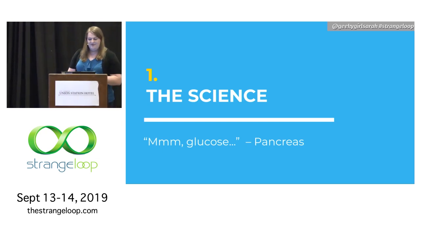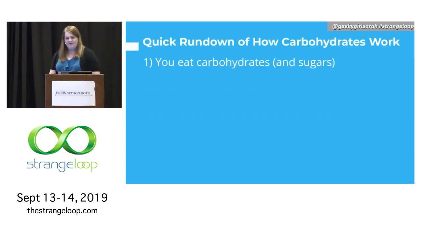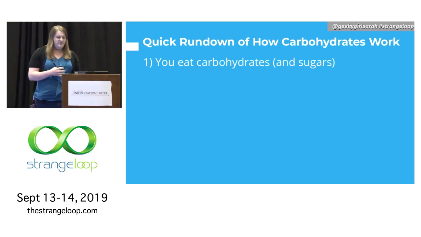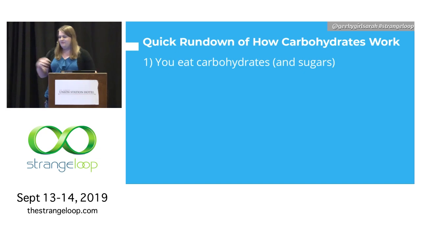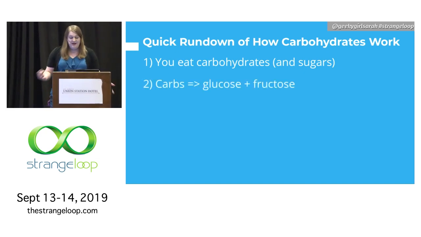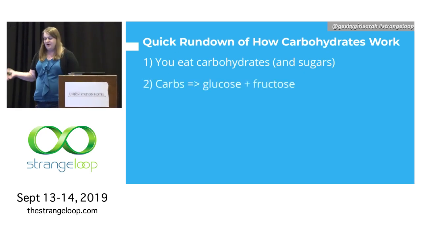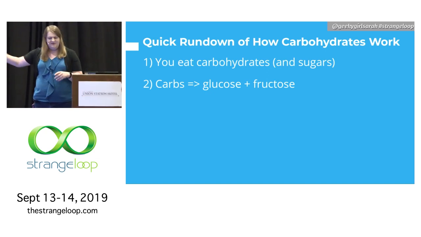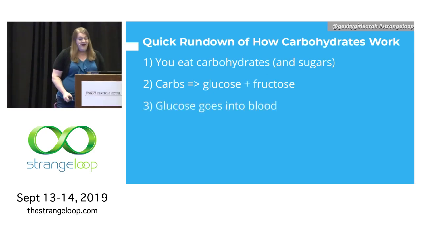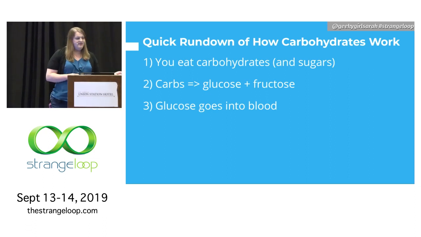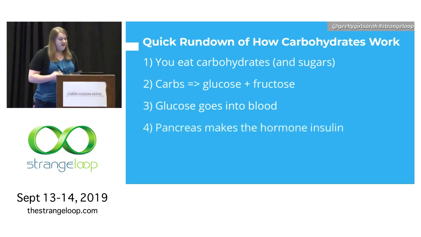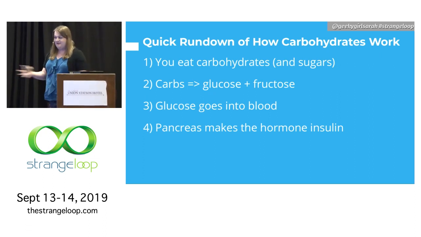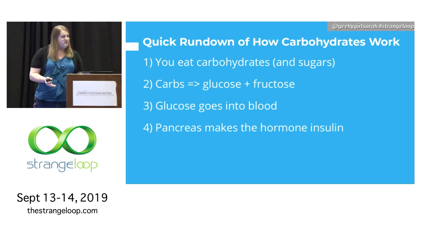So to go a bit into carbohydrates, everybody's heard of carbohydrates, I hope? Yeah. So when you eat carbohydrates, and that includes different forms of sugar, your body breaks it down into glucose and fructose. And for this talk, we don't care about fructose. We'll just toss it in the imaginary trash can. That glucose then goes into our bloodstream. And from there, your pancreas will see that rise in glucose and say, hey, I need to make this insulin, which is a hormone.